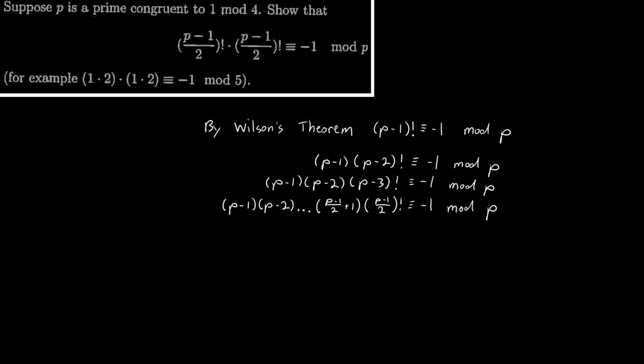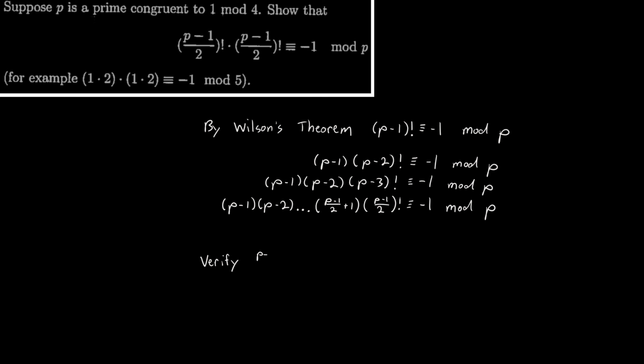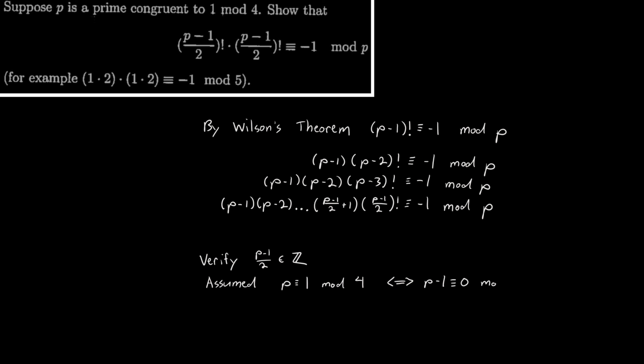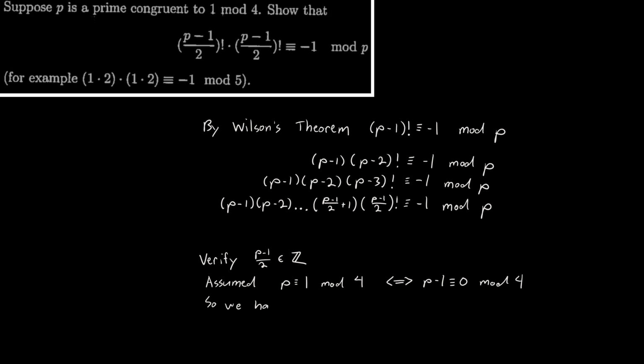Now that we have this whole expression, I just want to verify that (p-1)/2 is in fact an integer. It's assumed that p is congruent to 1 mod 4. That's an assumption. So that implies that p-1 is congruent to 0 mod 4, and this means that 4 divides p-1.